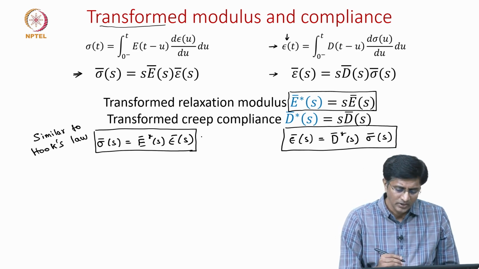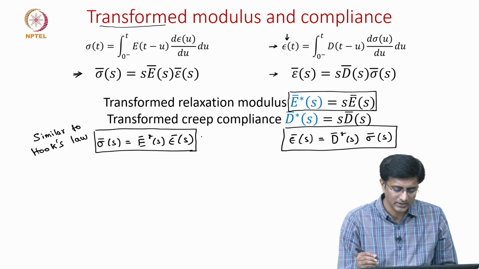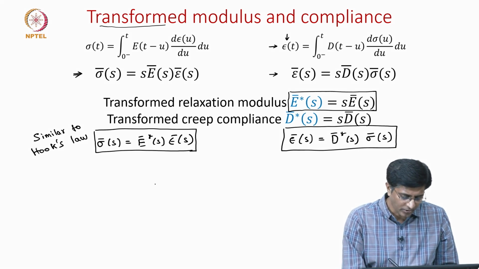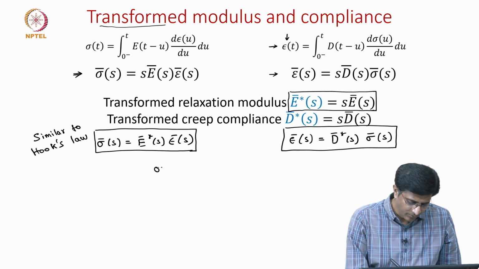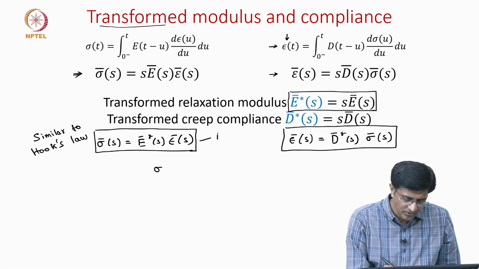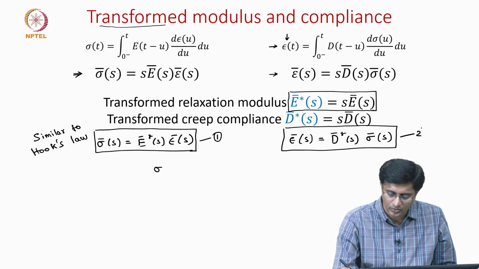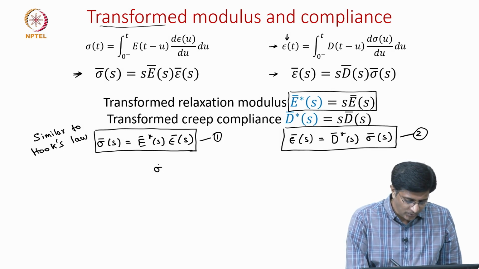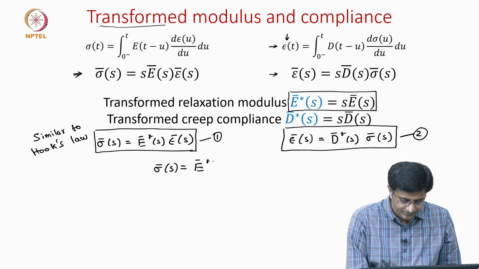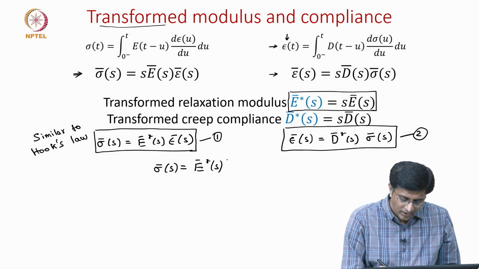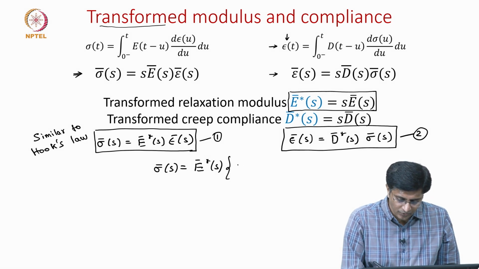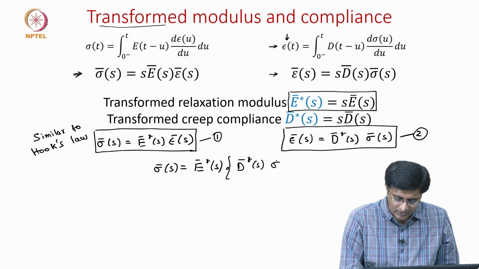So, now let us see what is the relation between this E star and the D star. How can I find that? Again we name these equations 1 and 2. I can start with equation 1, and instead of writing epsilon of s, I will replace it with equation 2, which says it is D star times sigma.